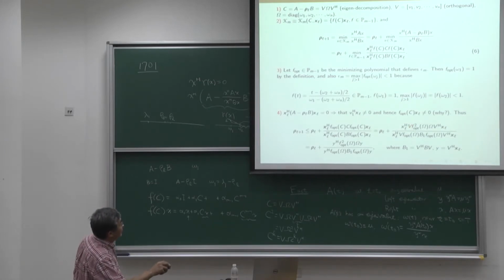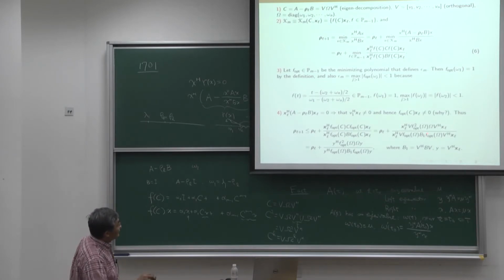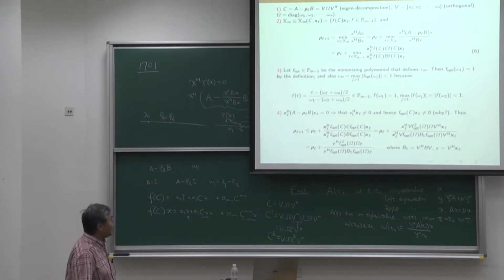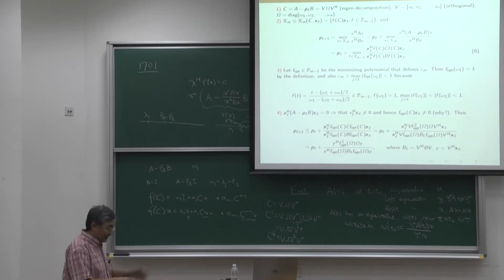So you have V and V transpose. But if you have B in between, the V from the left of f cannot pass through B. Same thing from the right. And you end up with so-called B1 right there. B1 is V transpose B V. Because B is in between, you cannot cancel them. B somehow is a block in between that prevents you from simplifying even further.